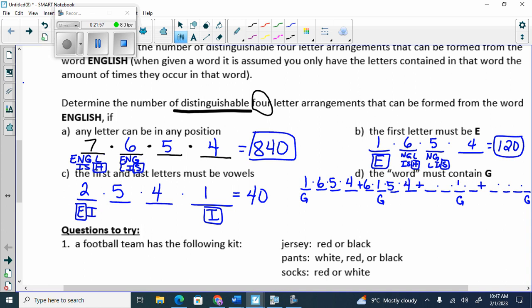Here we have 1 G, 6, 5, 4, 1 G, 6, 5, 4. So technically they all come out as 120, right? Because we're just rearranging the 6, 5, and 4, putting the 1 in different spots. So we could go 120 plus 120 plus 120 plus 120. Or we could do 120 times 4 cases where the G is going to move. And we get 480.